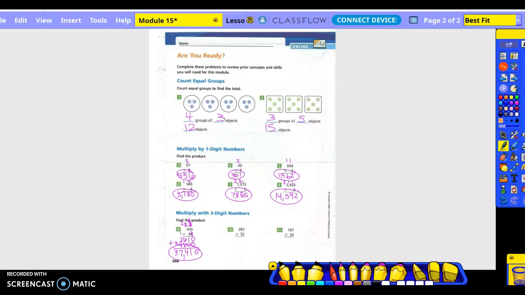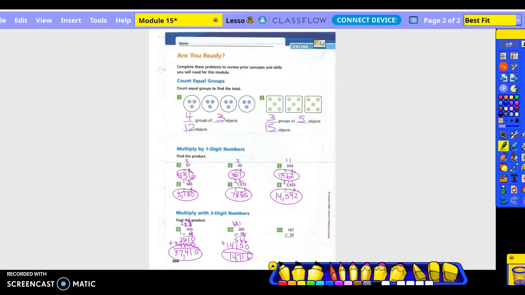Okay, 2 times 3 is 6, 2 times 8 is 16, put the 6, carry the 1, 2 times 2 is 4, plus 1 is 5, mark off my 1 at the top, mark off my 1 spot, and now I'm moving to the 10, so I need to put a 0. 5 times 3 is 15, put a 5, carry the 1, 5 times 8 is 40 plus 1 is 41, put a 1, carry the 4, 5 times 2 is 10, plus 4 is 14, and then add, so 6, 11, carry the 1, 7, 4, 1. So 14,716.